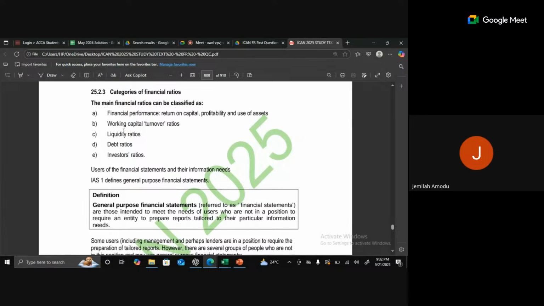So based on your understanding of these different categories of financial ratio and what they mean, in relation with the scenario that was painted, would now help you to decide which of the financial ratios would be suitable for whatever question that you have been presented with. I hope we are together.